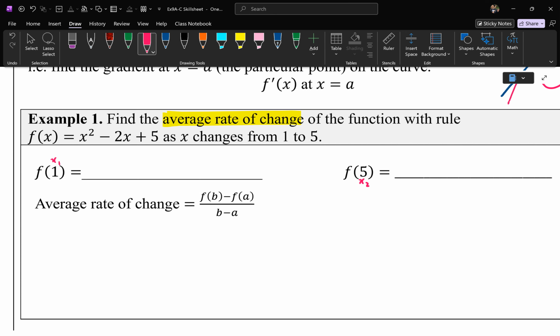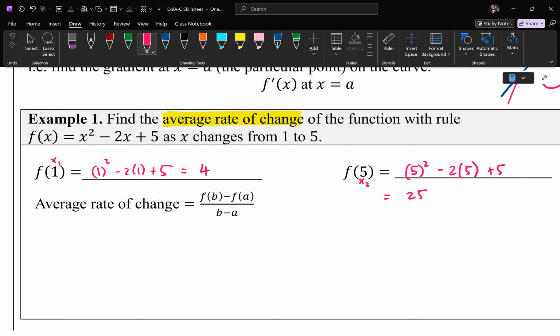So here we go. Subbing 1 into the equation, you get 1 squared take away 2 times 1 plus 5. 1 take away 2 is negative 1. Negative 1 plus 5 is 4. And then f of 5 is now 5 squared minus 2 times 5 plus 5.